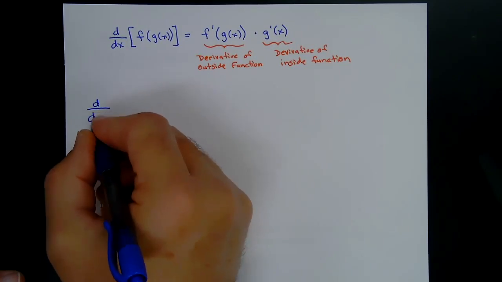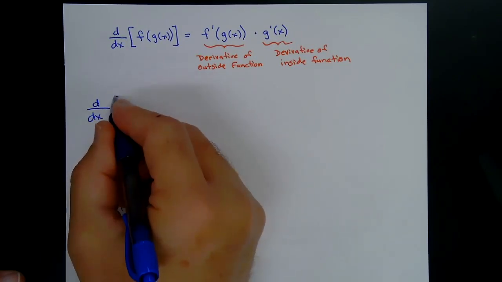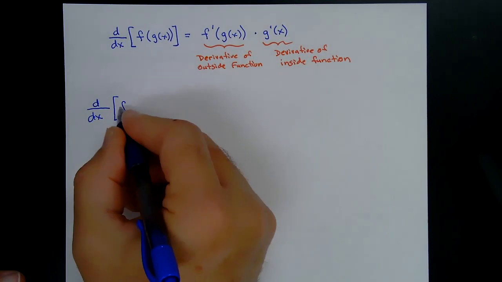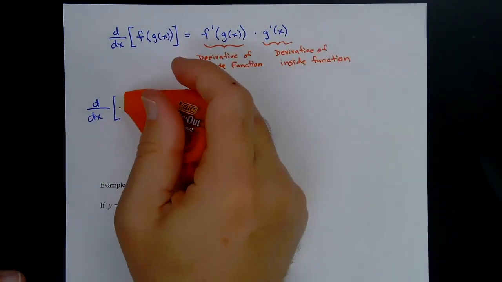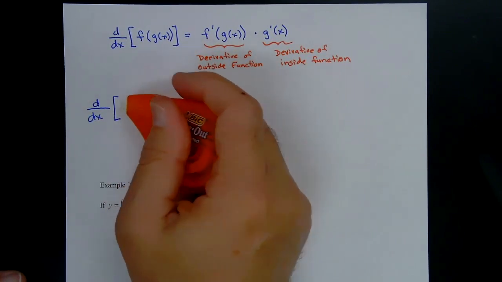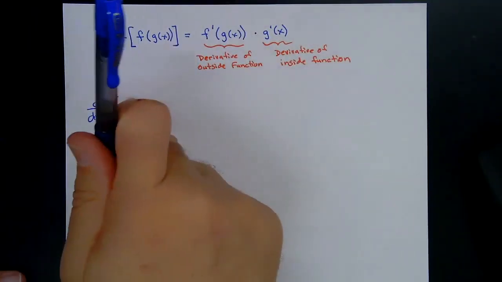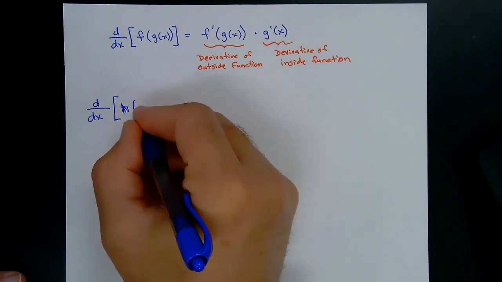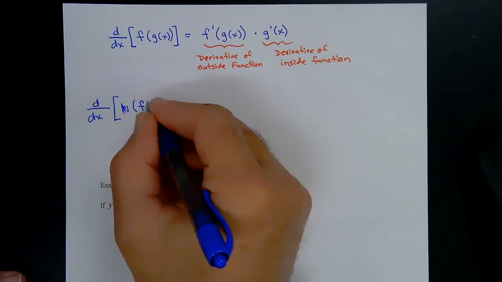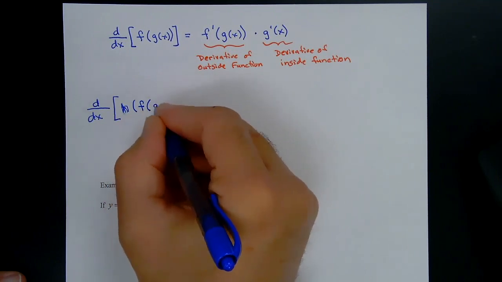So what if I had d dx of f, actually, let me stop right there. I wanted to call this outside one something different. What if we want to take the derivative of h of f of g of x?